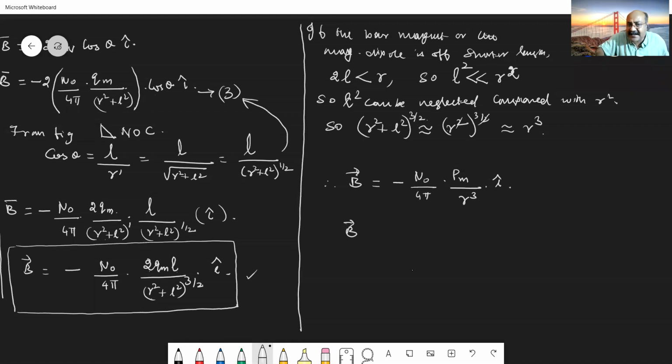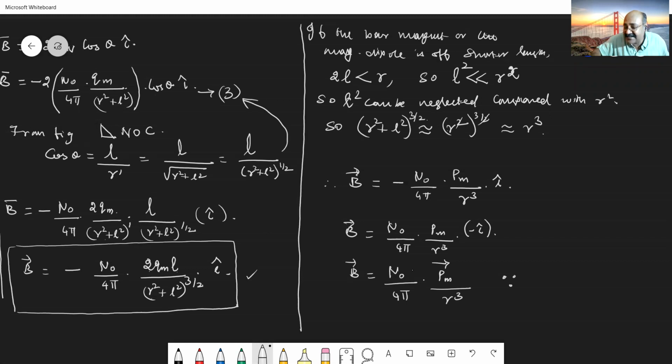Or I can write this as B vector equals mu 0 divided by 4 pi into PM divided by R cube into minus I cap. Or we can write B vector equals mu 0 divided by 4 pi into PM vector divided by R cube, since PM into I cap is equal to PM vector. So I have to put a minus here.